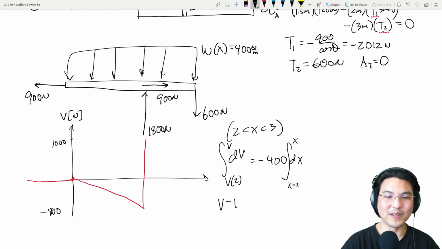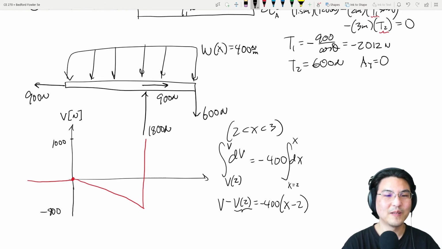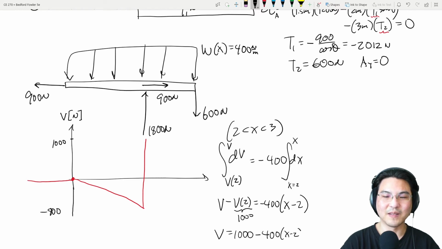So V minus V at 2 equals minus 400 times x minus 2, like this. Okay, right? And what is V at 2? 1,000. Okay, so that means V is 1,000 minus 400 times x minus 2. We can simplify this, but I'll just leave it like that for now.